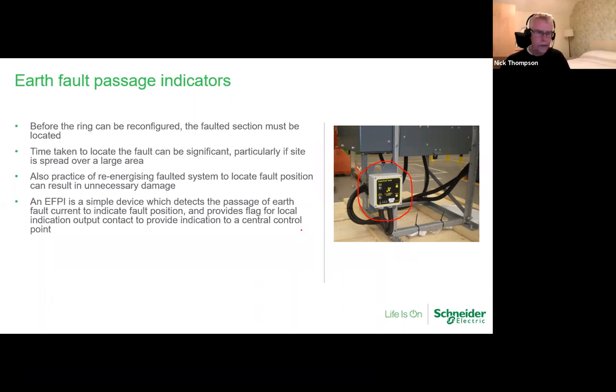Now in the UK, some DNOs will specify how far up the leg these have got to be mounted. Quite often the DNOs will have these on a bulk contract, which will last for 3 to 5 years. When they award the bulk contract, they will then tell the switchgear manufacturer which earth fault passage indicator needs to be engineered and fastened onto the ring main unit, and they'll say which side of which leg they want it to go on.